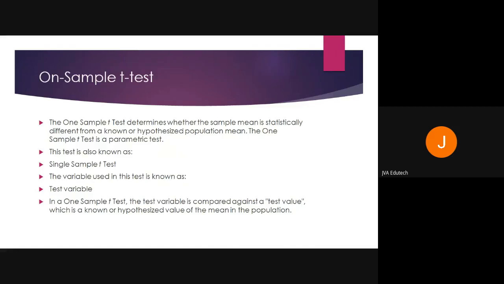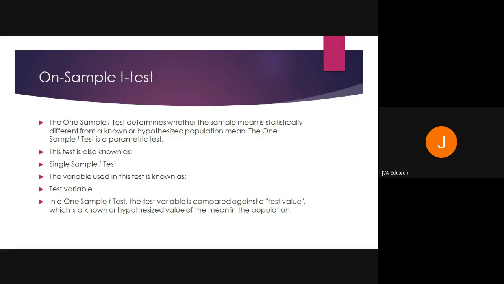Now, the first hypothesis test that we do is the one sample t-test. One sample t-test is normally used to see whether the sample that we have drawn is a true representative of the population or not. Hypothesis testing is mostly about comparison of means.